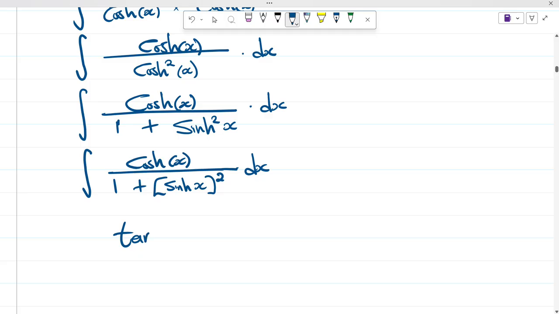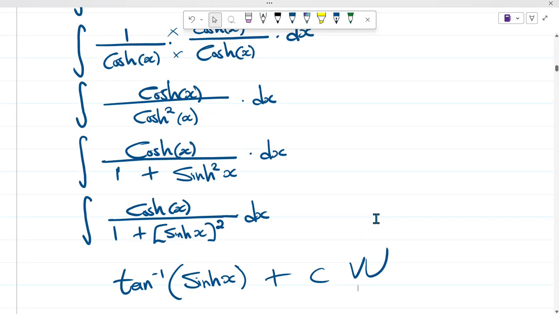It's just tan inverse of this argument, which is hyperbolic sine of x. So that's going to be tan inverse of hyperbolic sine of x, and then plus c. So that's just it for that one.